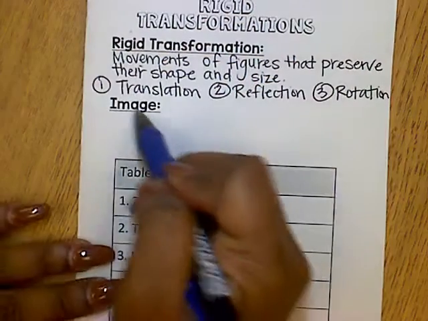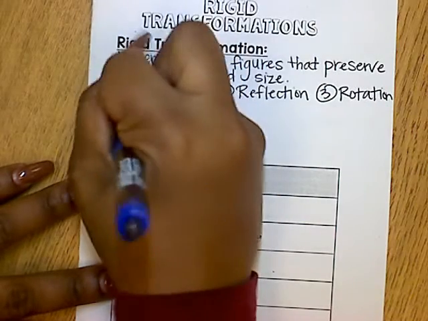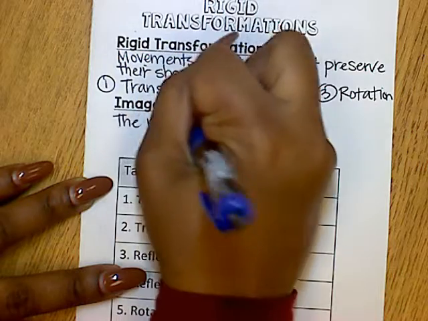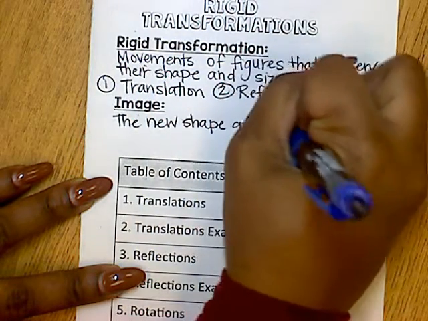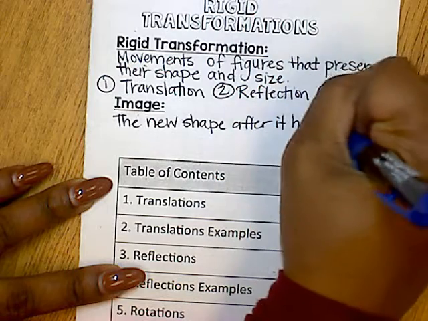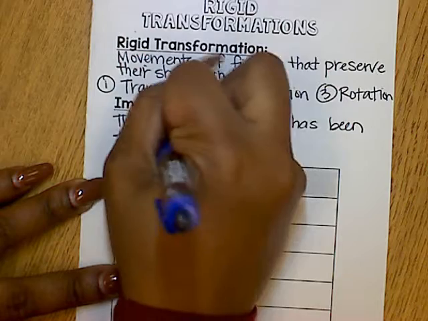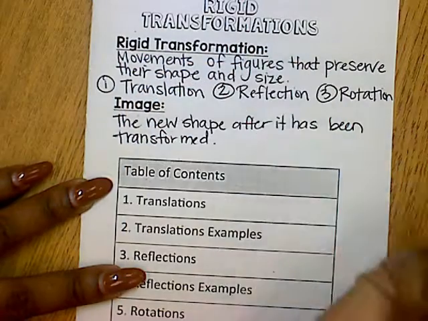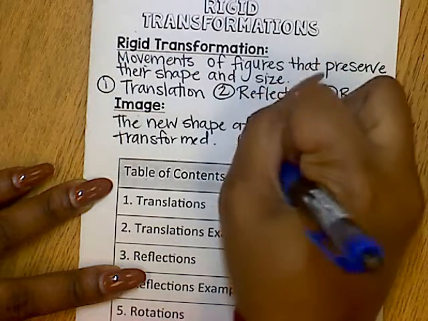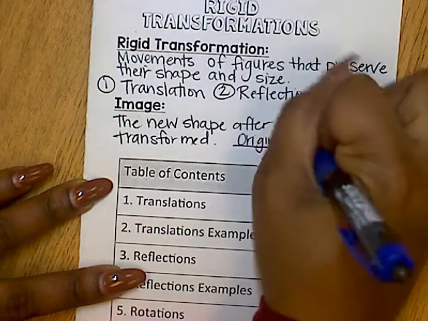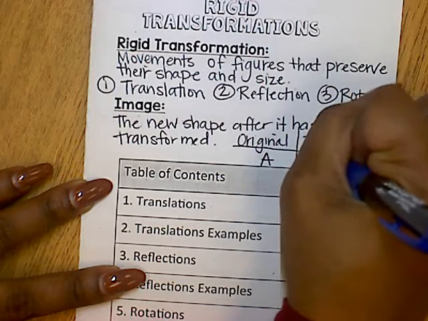You're going to say the image shape. So image just means the new shape after it has been transformed. Okay, so if you have an original, the original will just be called A. It's usually like a letter, but the image, because it's new, we would call it A prime.